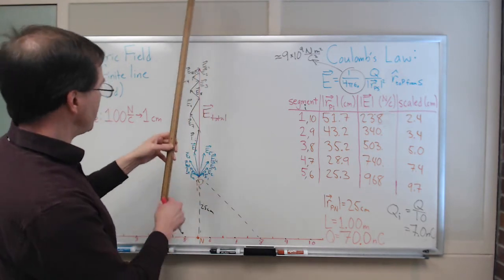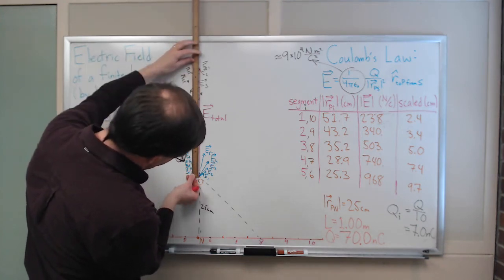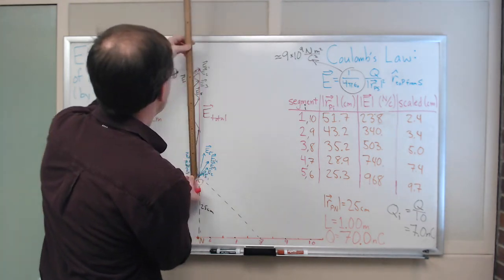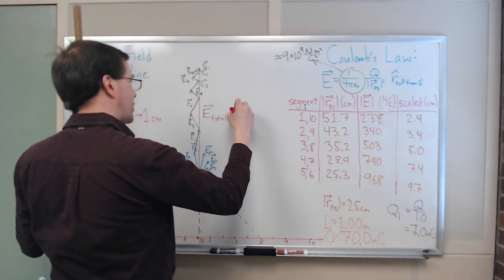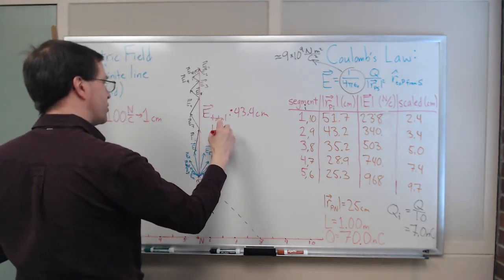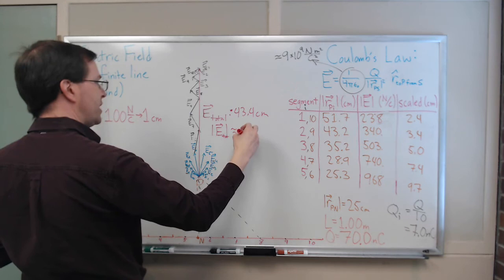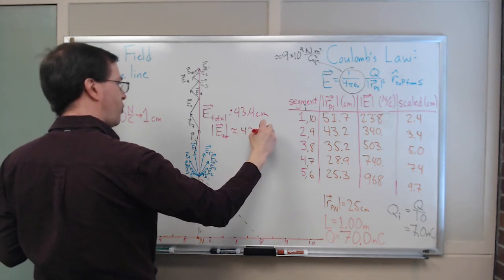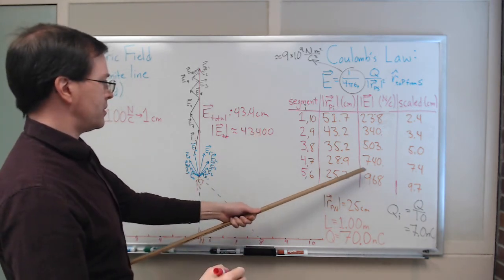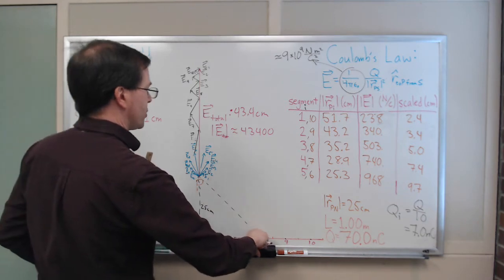And for the strength of it, let me measure. It looks like this is about, I am getting 43.4 centimeters, which based on our scale says that the magnitude of my electric field total is about 100 times that, right? 4340.